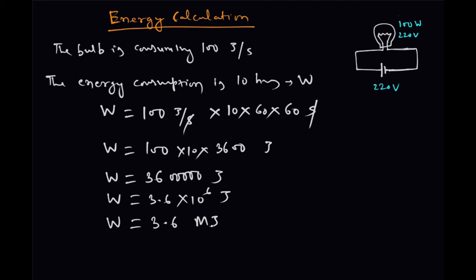MJ is megajoule. Okay, so this bulb is consuming 3.6 megajoules. This figure you see, this is a very big figure. Only a 100 watt bulb, used for 10 hours, is consuming this big figure, 3.6 megajoules.